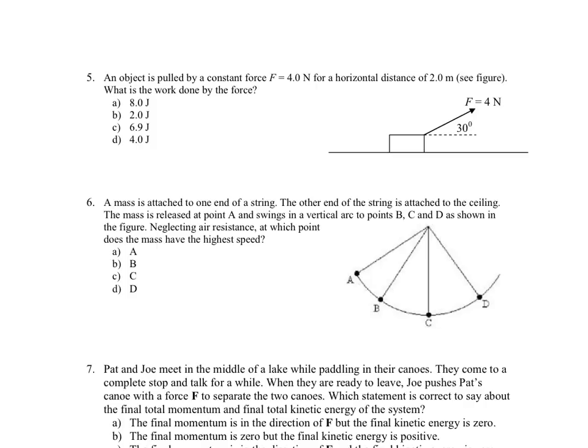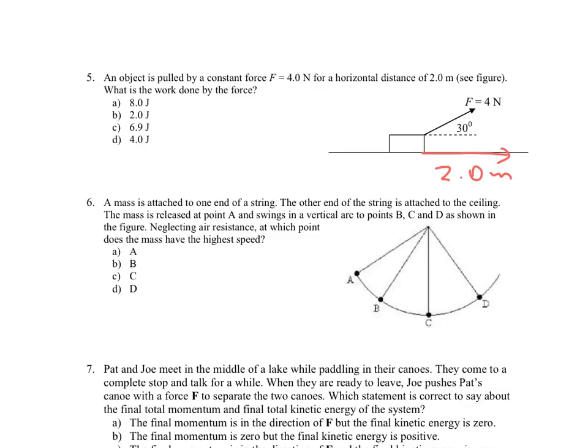Now, you are given that an object is pulled by a constant force of 4 newtons for a horizontal distance of 2 meters. See figure. So basically, this thing moves 2 meters. What is the work done?